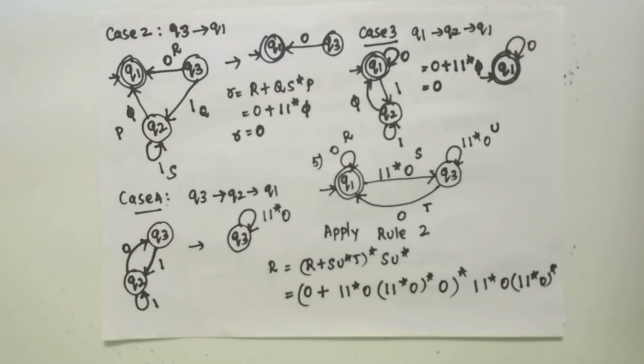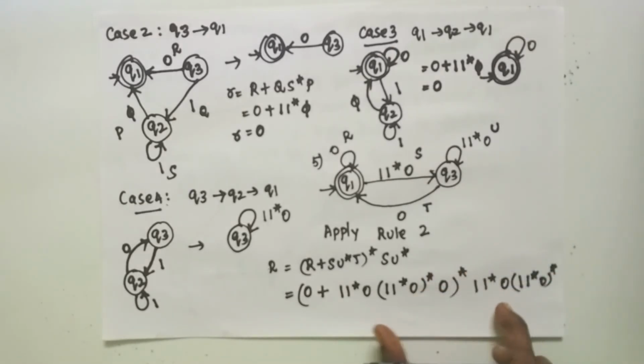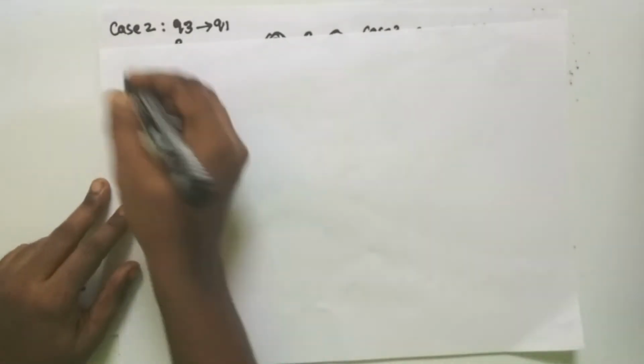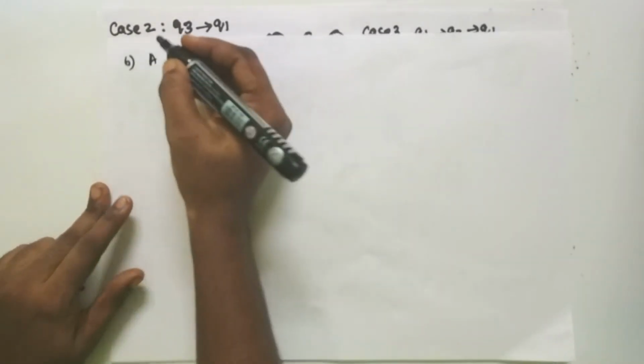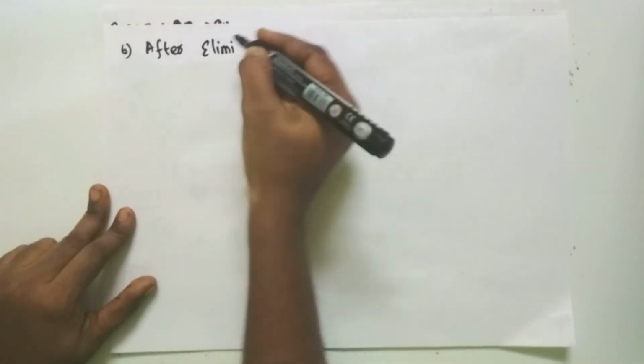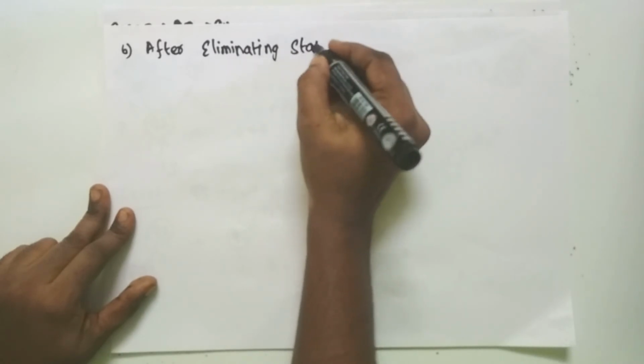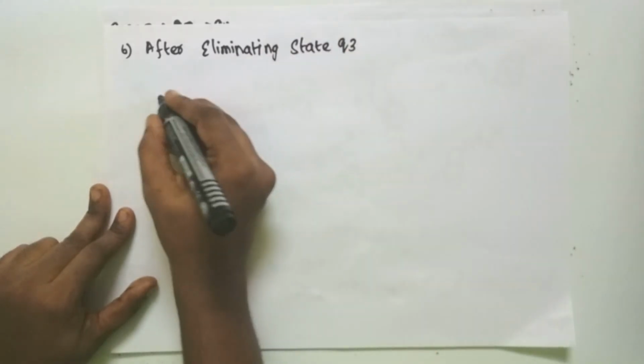So now here you have found out the regular expression by eliminating the state Q3. So after eliminating the state Q3, you have only the state Q1.